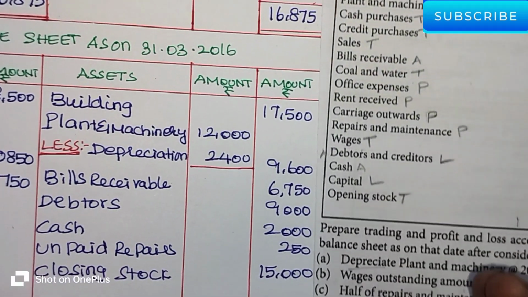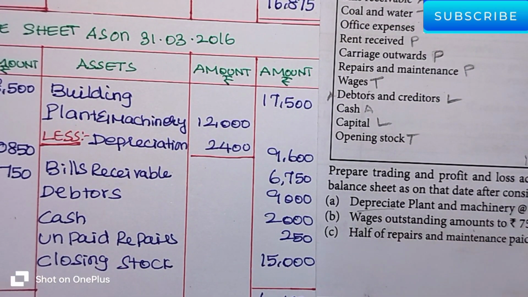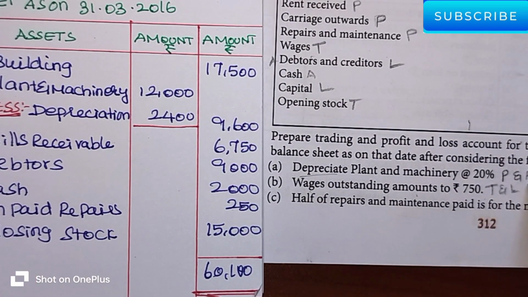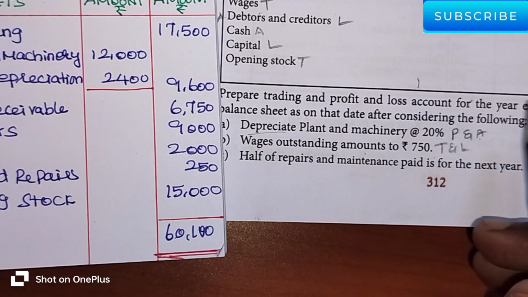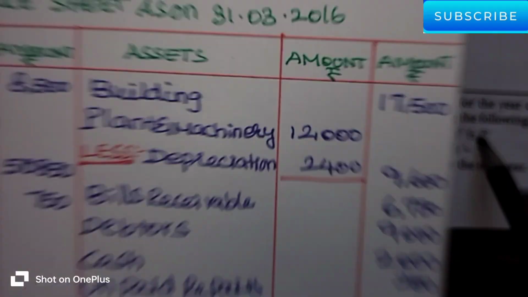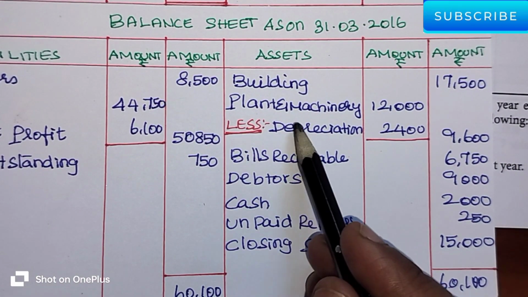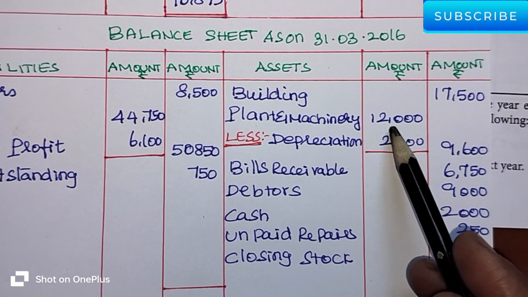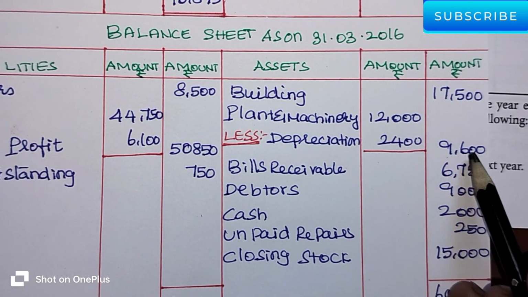So depreciation appears in two places. One we already presented on the profit and loss account, and another we now enter on the asset side. We subtract that 20% depreciation from the plant and machinery. So less depreciation 2,400 from 12,000, we get 9,600 rupees.